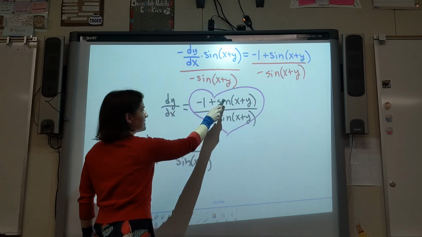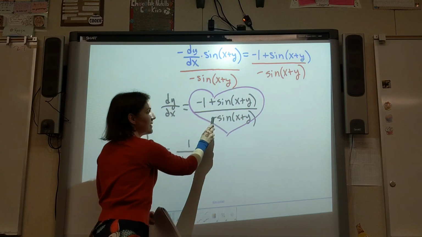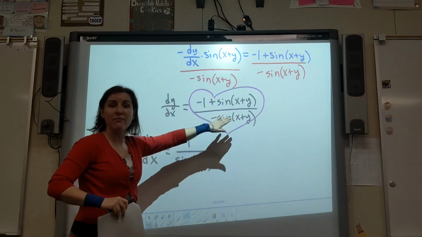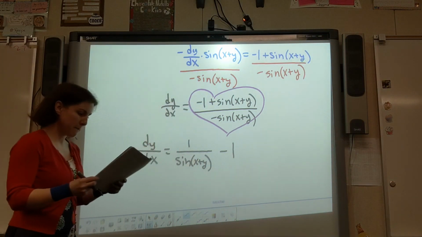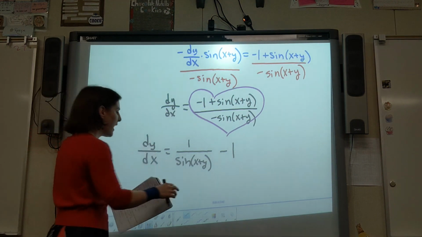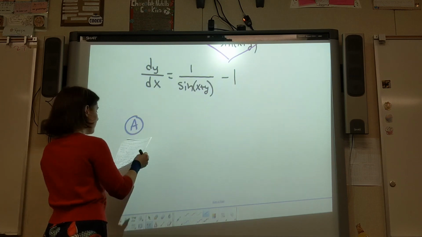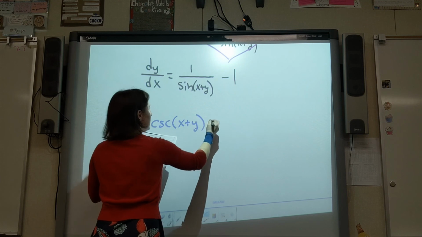And then a positive divided by a negative. If you divide sine of x plus y by negative sine of x plus y, we're dividing something by itself, but one of them's negative, so we're going to get a negative 1. So we have a minus 1 here. Now let's look. Still no. But you know what? I noticed that A has a minus 1. Take a look at A. Cosecant x plus y minus 1.